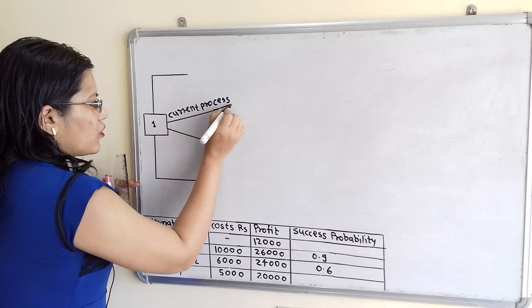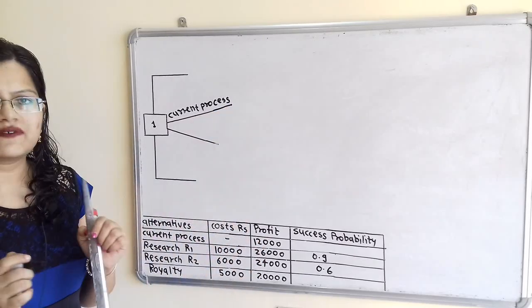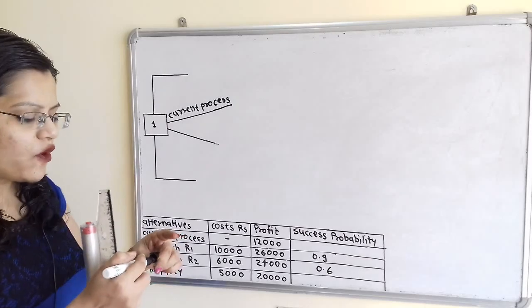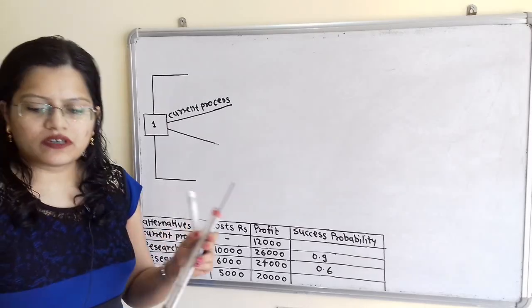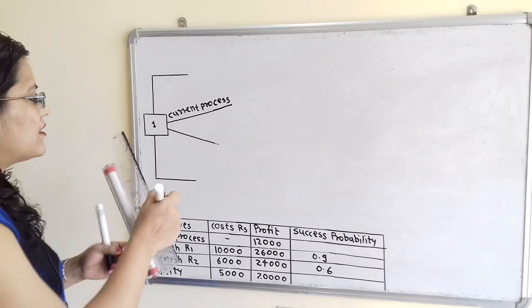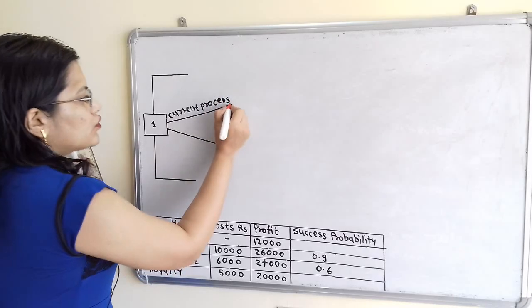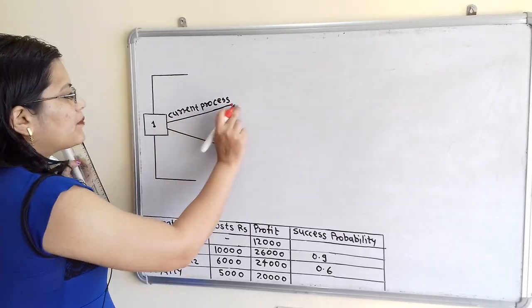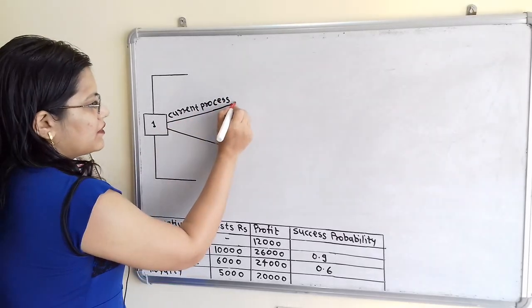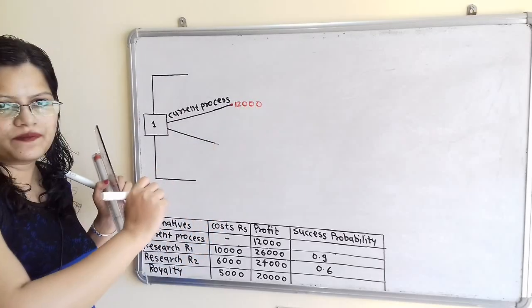When we follow the current process, there is no cost and profit is 12,000 rupees. So this profit is the outcome. When we follow the current process, there are no other options to follow, so we have to mention here the outcome, because this will be a terminal branch. So I will mention here the outcome as a profit.